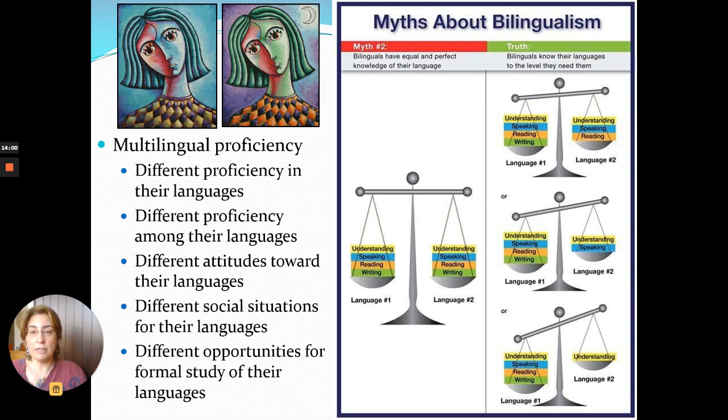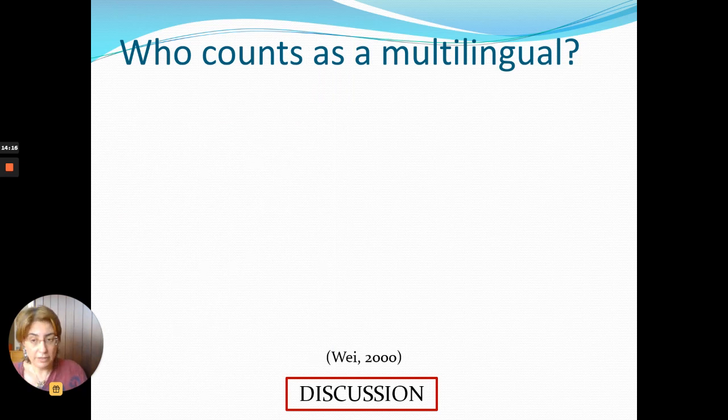And not everybody has the luxury of putting that extra effort into supporting one of their languages. So they might end up with different abilities and different supports in school and in the community for the different languages. All of this is just to make you aware that the question of who counts as a multilingual is very complex.